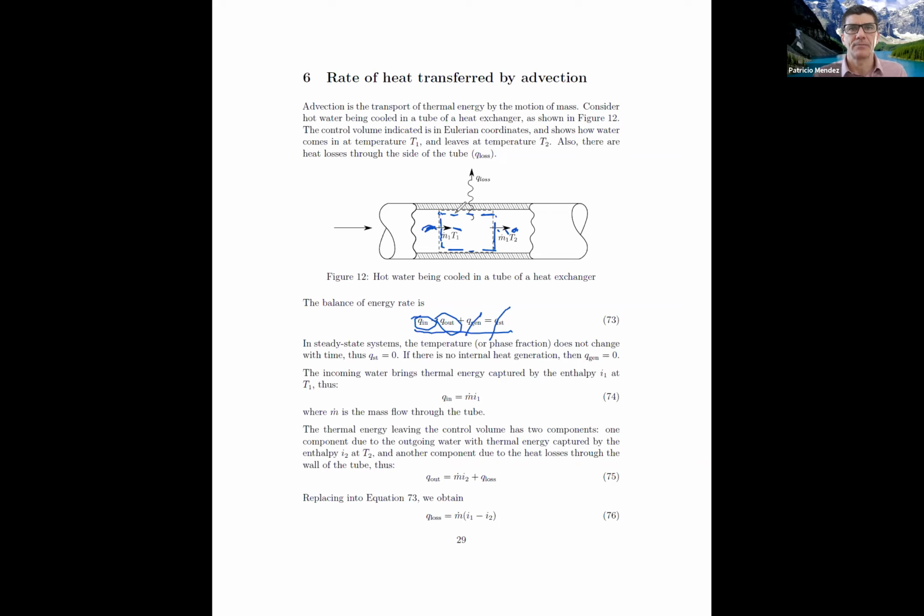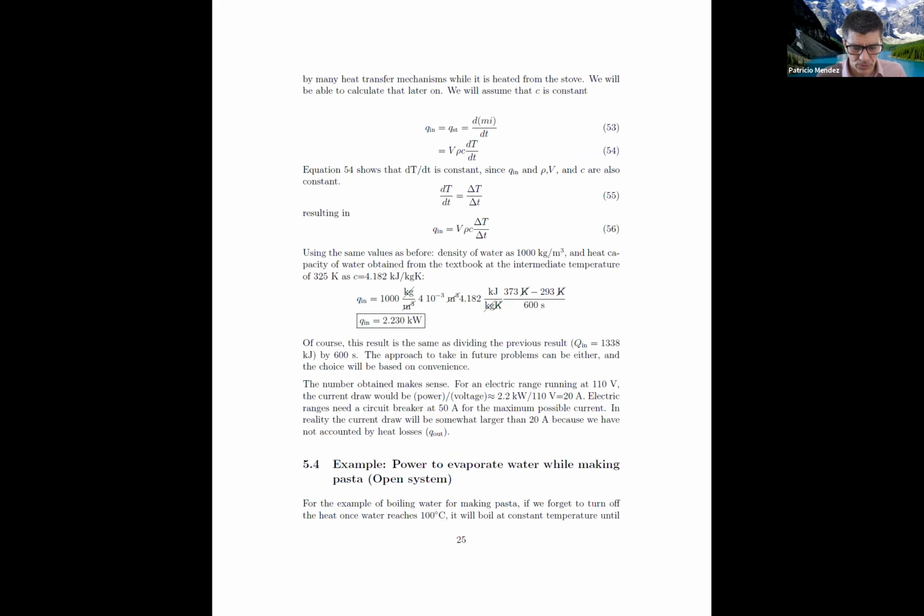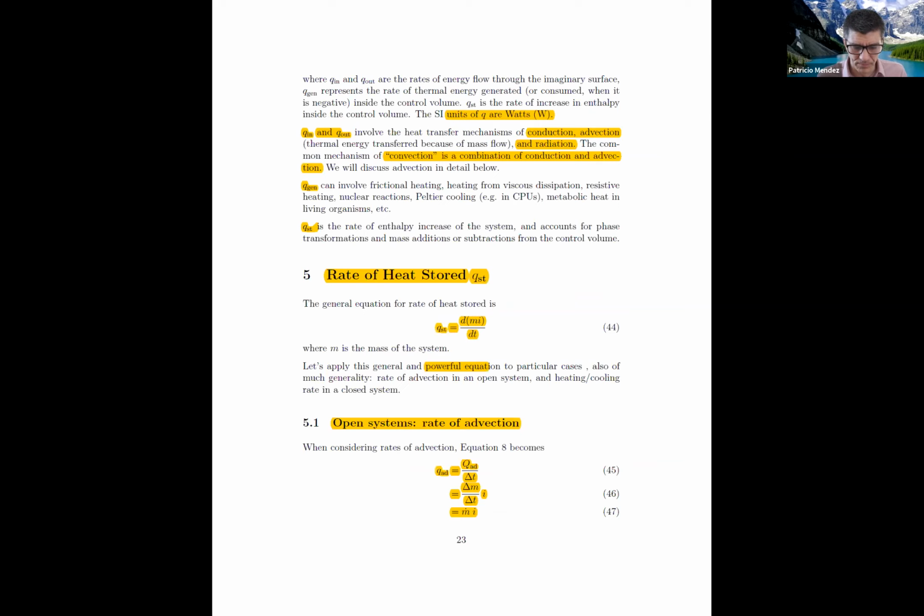We said that Q stored in an open system is the variation of mass times enthalpy over time.